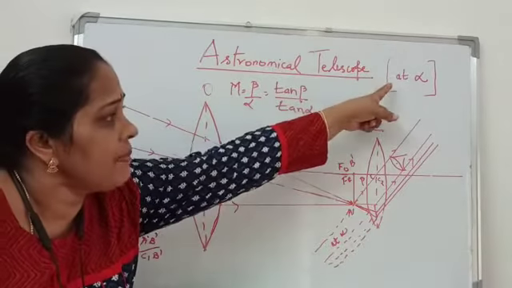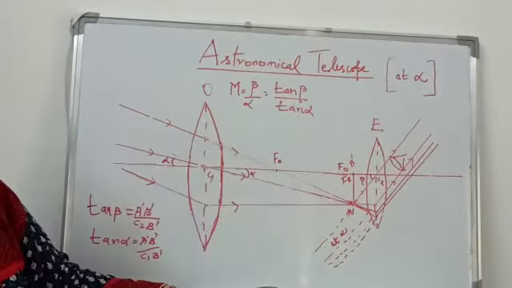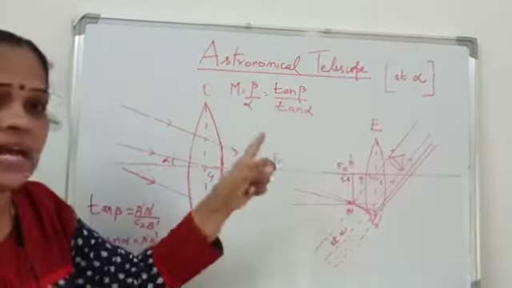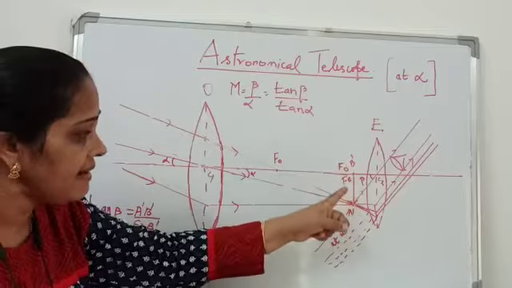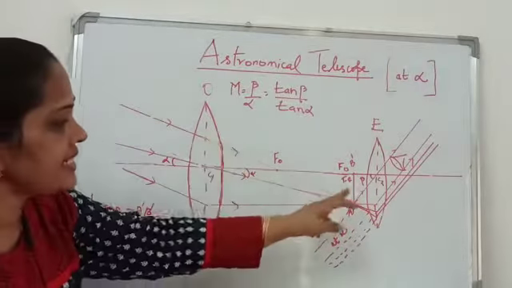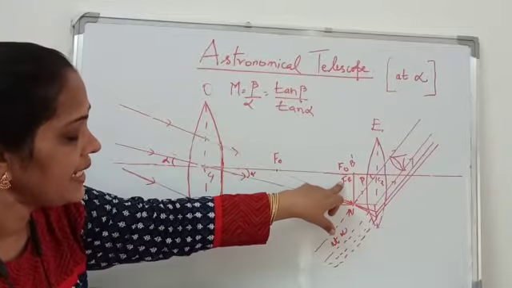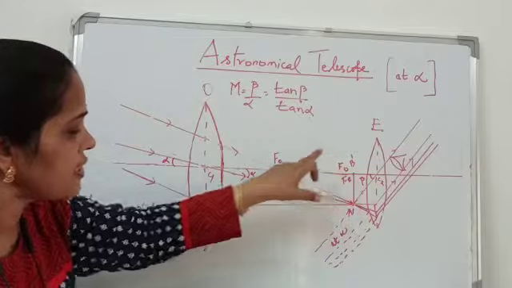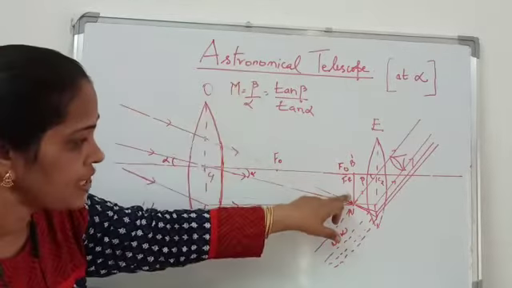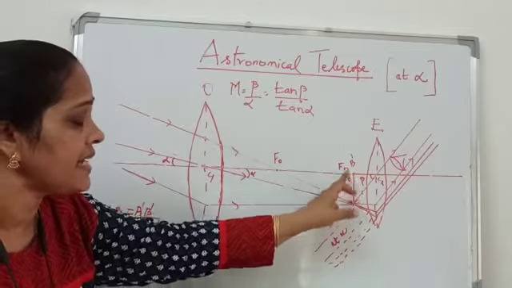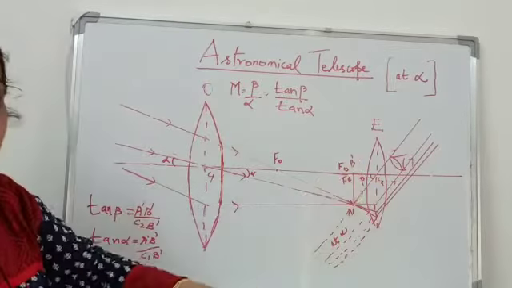If the final image is to be formed at infinity, the position of this object has to be adjusted such that it lies at the focus of the eye lens. So you adjust it and place it, that's why I have marked it as FE. Actually FO is the focus of the objective lens where the image is formed, and now you have to adjust the position such that it lies at the focus of the eye lens.